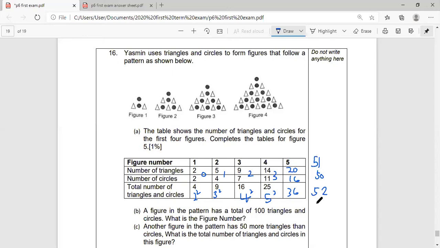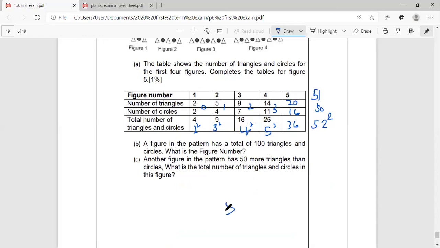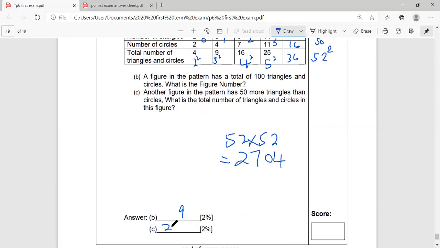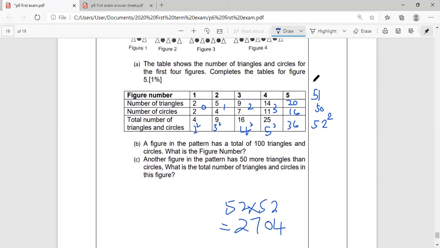So 51, one more, is 52. 52 squared, so the answer is 52 times 52, which is 2,704. This is your answer. So figure 51 has 50 more triangles than circles, and it has a total number of triangles and circles of 2,704.